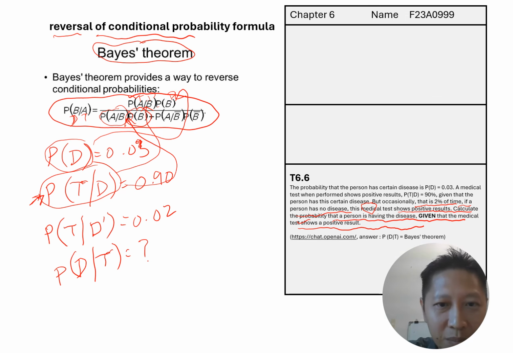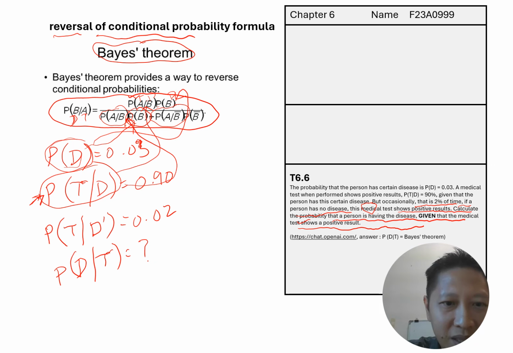Probability of the B from the formula is equal to D. Okay, so we have it. Replace inside. Next one, plus probability of A complement B.